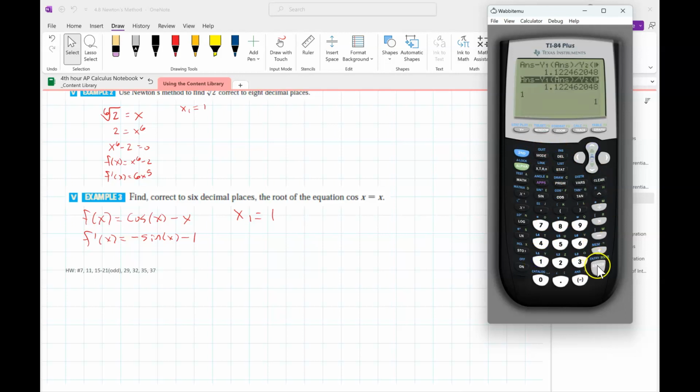Go back and grab my equation that I've been using, and then we're just going to do cosine minus x. That's not what the back of the book had.